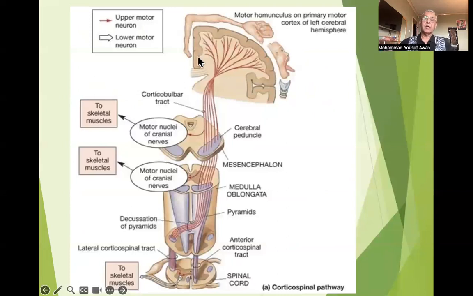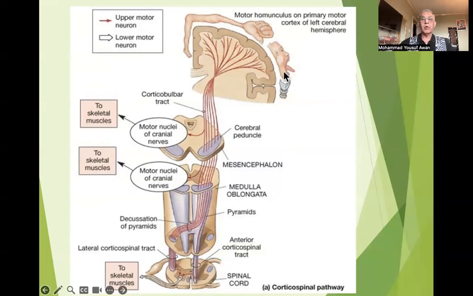The body is represented on the opposite cerebral cortex, and the area in the cortex depends upon the number of functions that particular part of the body performs.